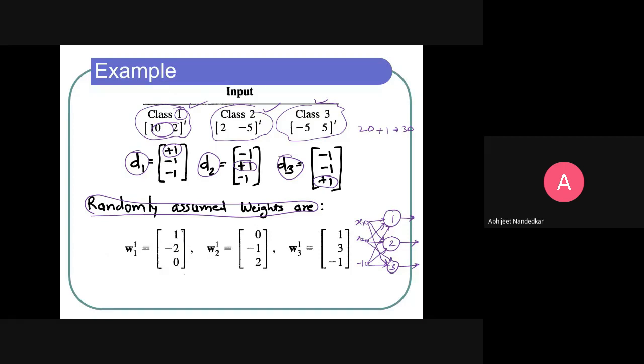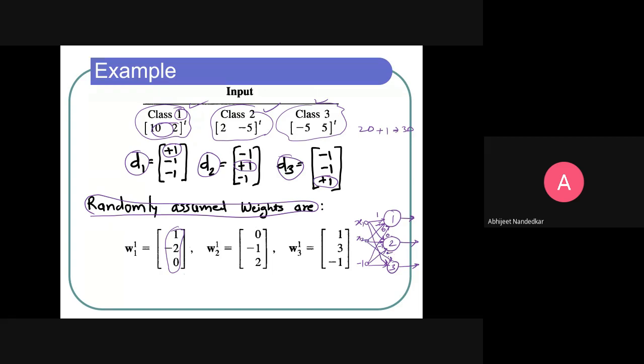So if I say this is the randomly assumed weight for neuron number 1, for the first step, then it will be 1 here, minus 2 here, and 0 here. Then for the second neuron, it is 0 here, then minus 1 here, 2 here.